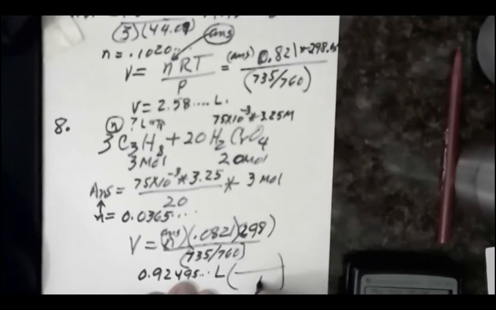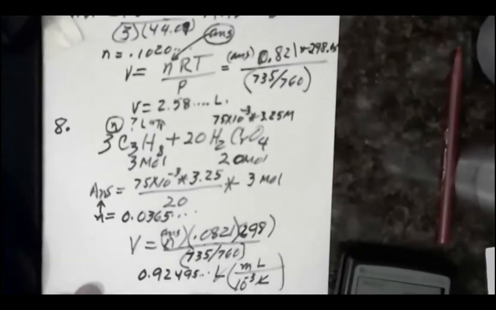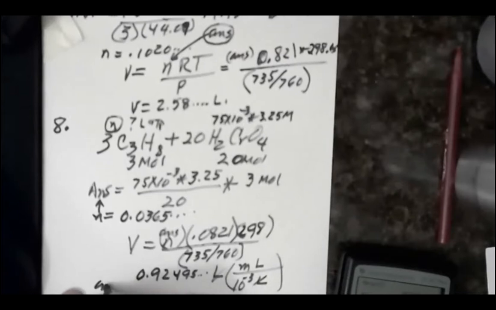So I want to go from liters to milliliters. Milli is 10 to the minus 3, so I want to divide this answer by 10 to the minus 3. Divide by 1 with an exponent of minus 3. I get 924.96. So that should be the answer.